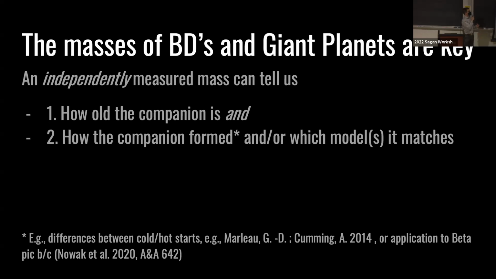If you have a luminosity and a mass, you can ask questions like how old this companion is, and start to ask how this companion might have formed, and which models it might match. So I'll go into some results that answer those questions and explore them, and push the limits of what observational techniques we have right now.